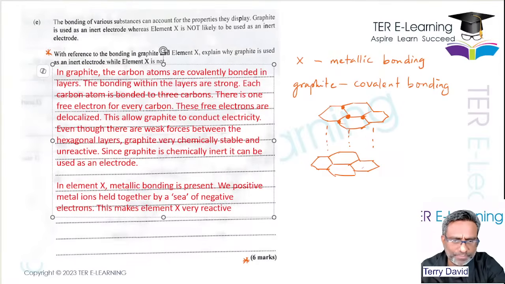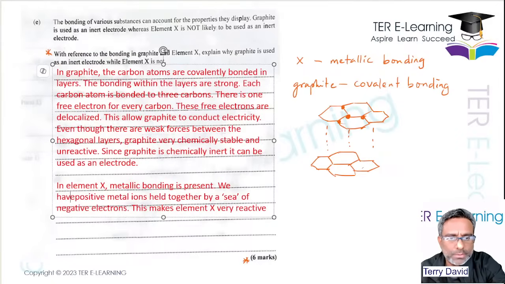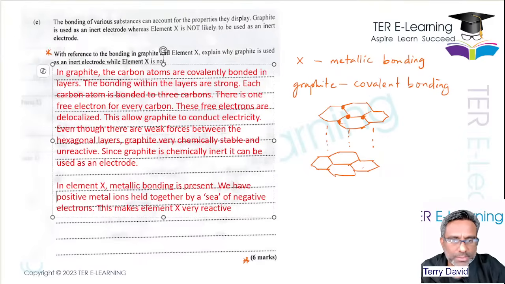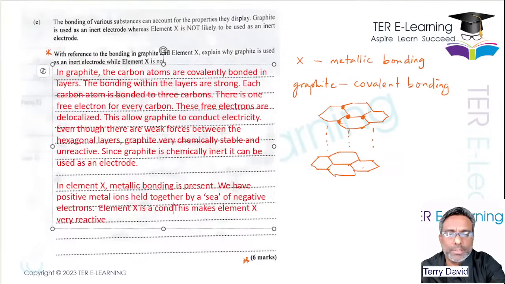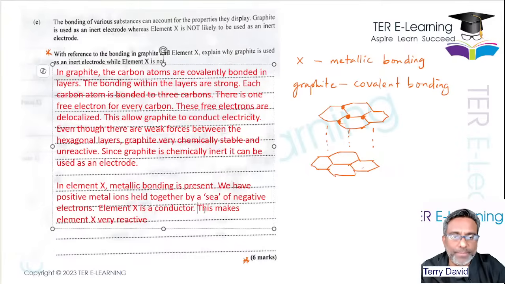It is metallic, so it's able to conduct electricity. So element X has positive metal ions, and element X is a conductor. One second, I just want to change something here.